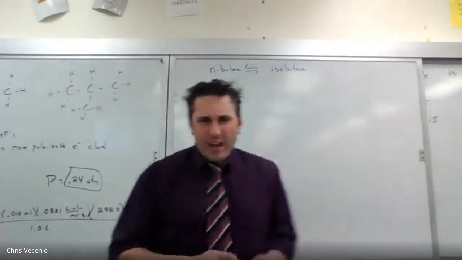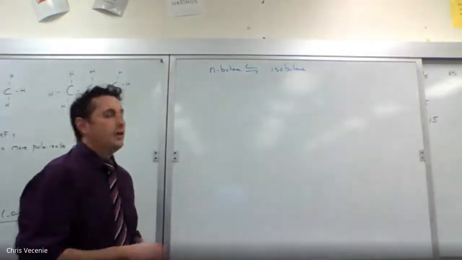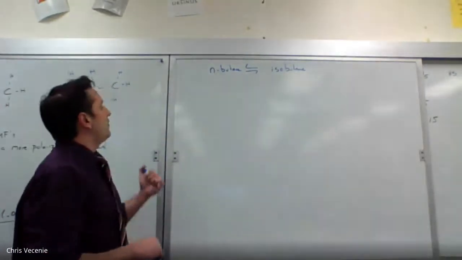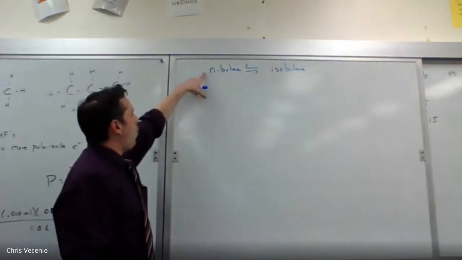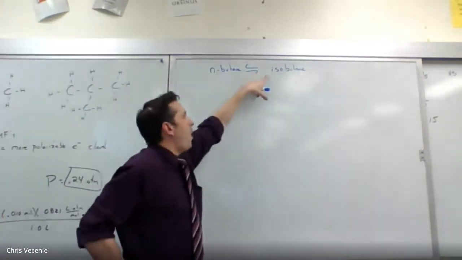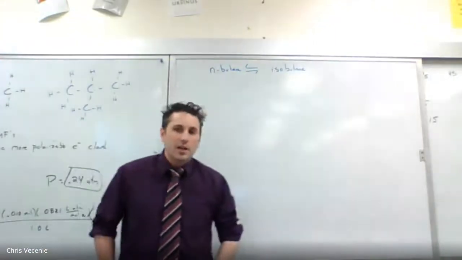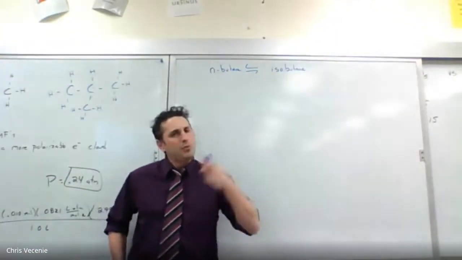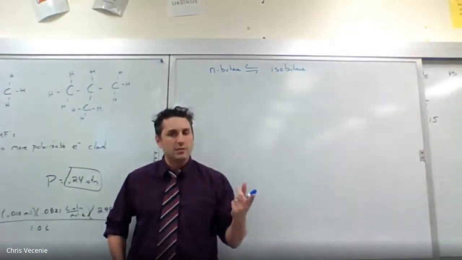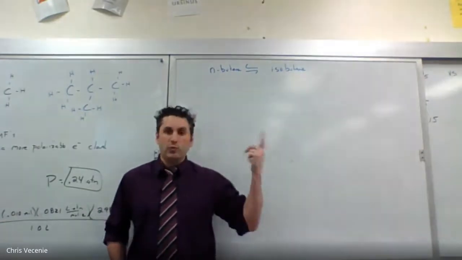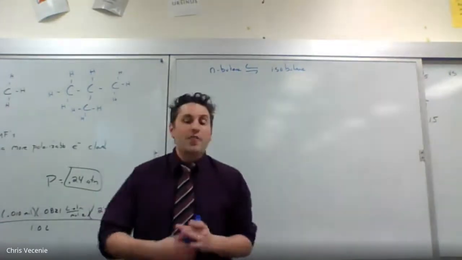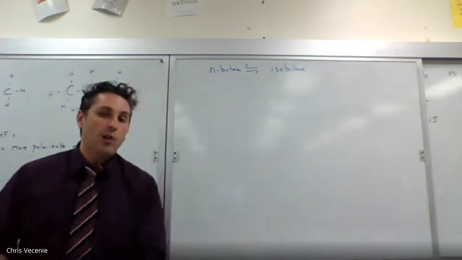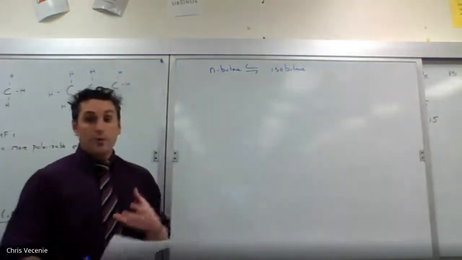All right, and I don't actually have to do a math problem for this one, right? Because if you look at this, I have 1 mole of N-butane for 1 mole of isobutane. So every time an N-butane goes away, which was a gas, I create an isobutane, which replaces it, which is a gas. That means I'm going to have the same number of molecules, whether I'm at equilibrium or at the beginning.